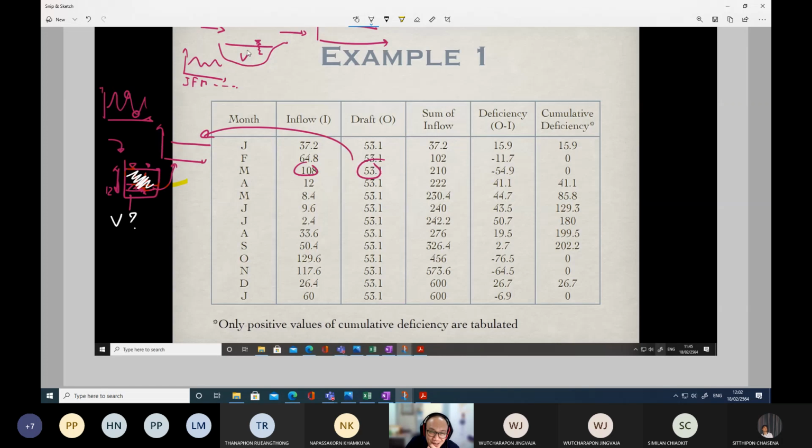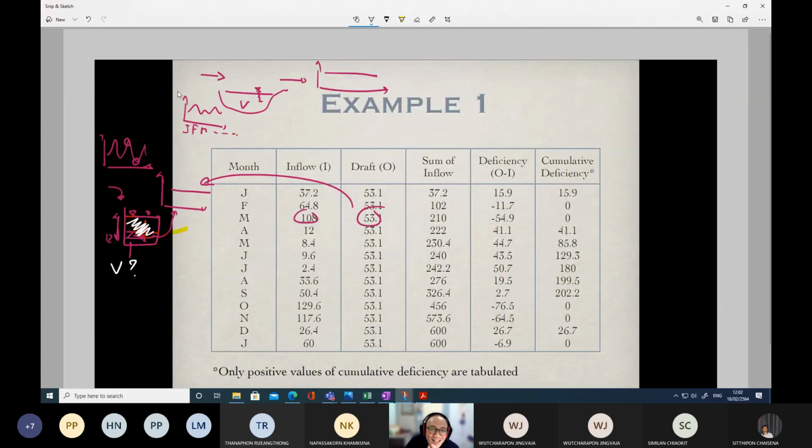So we are going to determine the volumes and then the demands or the inflows. Actually, it's not the demand, but it refers to the amount of water entering the storage, but supplying is constant.